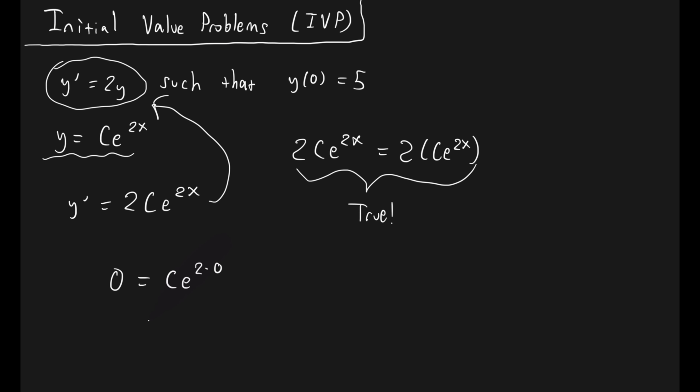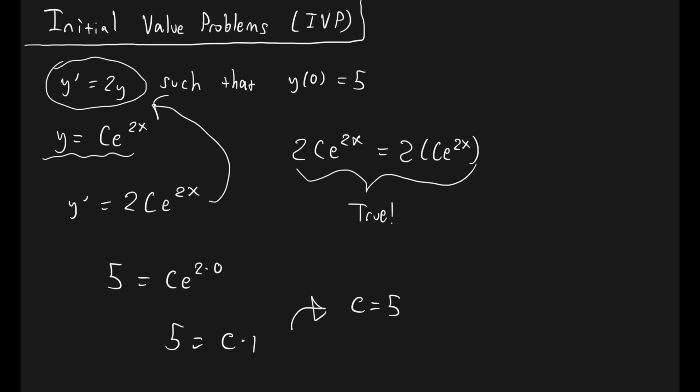So we get that 5 is equal to c times 1, because e to the 0 is just 1. And 5 equals c times 1 is just saying that c equals 5.